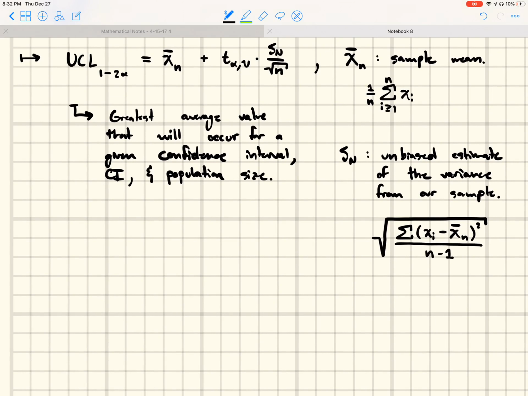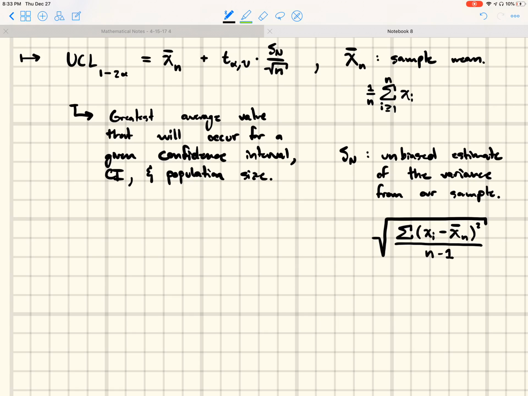In other words, supposing I take some sample mean, I want to know how confident I can be that that sample mean represents the true population mean. The upper confidence limit will give you an upper bound on that mean value. So for example, this may come up in value at risk, looking at financial risk management. How much can you expect to lose, given the volatility of some underlying stock or something to that effect.